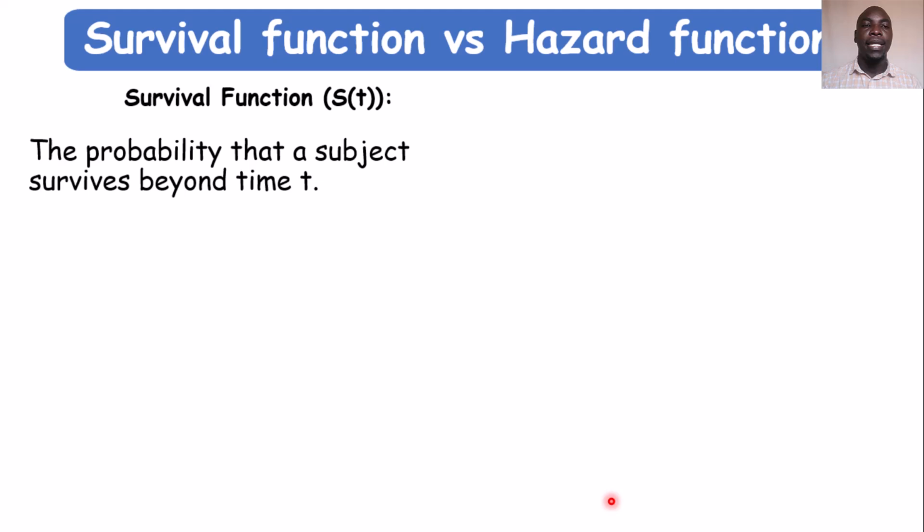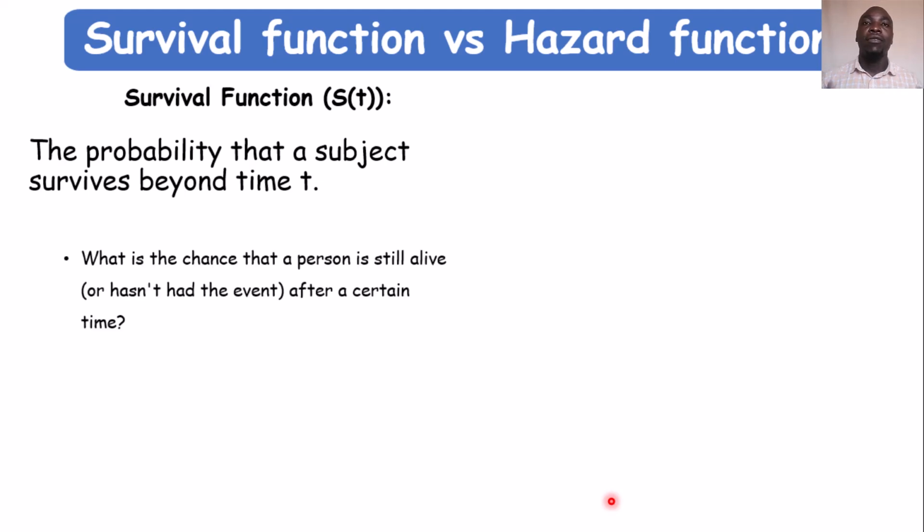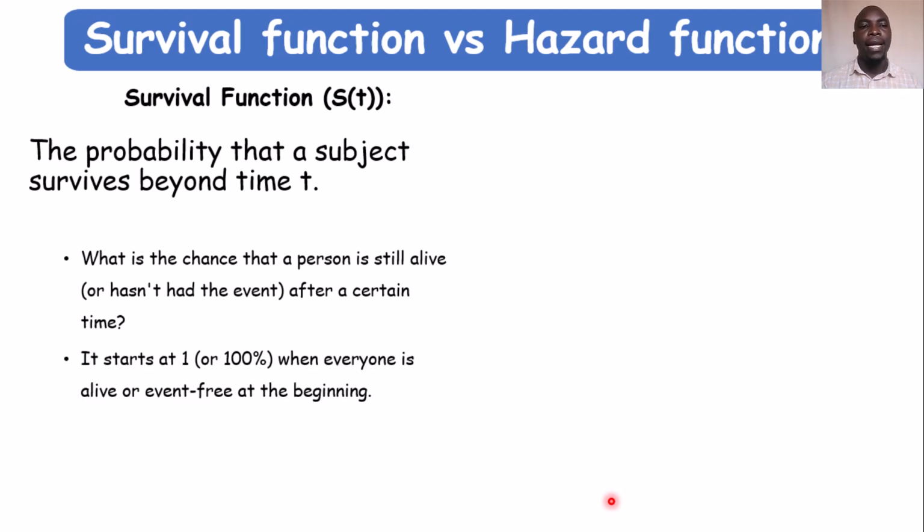This is the probability that a subject survives beyond a time t. It is equivalent to asking yourself the question: what is the chance that a person is still alive or hasn't had the event of interest after a certain time? And it starts at 1 or 100% when everyone is still alive at the beginning of the study, or when everyone has no event.